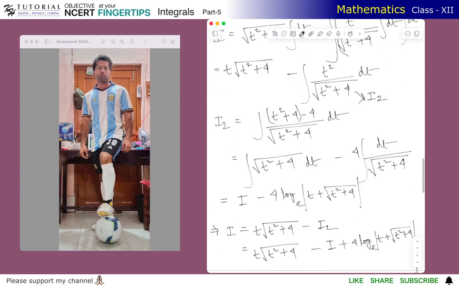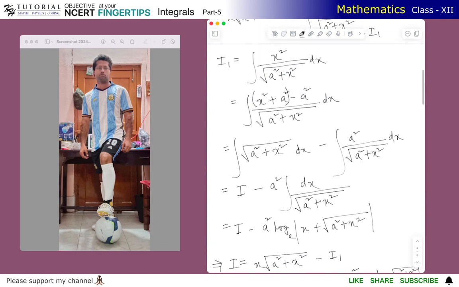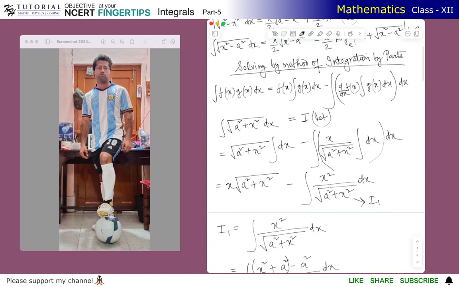So this was the video about how you can use integration by parts to solve the standard integral form of square root of a square plus x square, in case you forget the standard result. If you remember the standard result, it is fine; you need not solve it again by integration by parts. You can directly use the standard results.